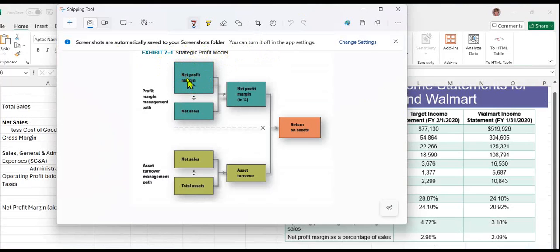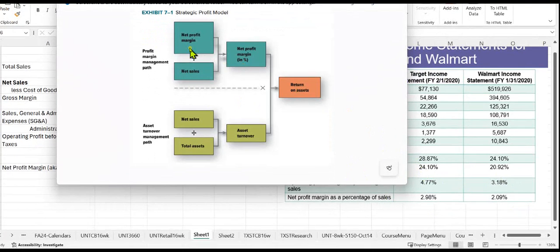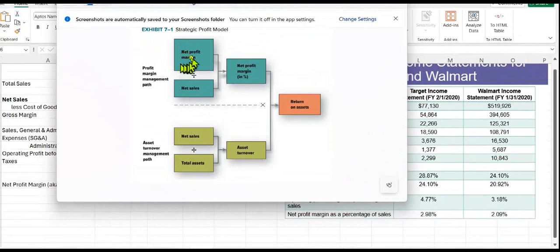You see, we need the net profit margin and we need to divide it by net sales. Okay, now that's not in this right here, okay? The net profit margin divided by net sales. Yes, it is in there, okay? That's net profit margin in a percentage.